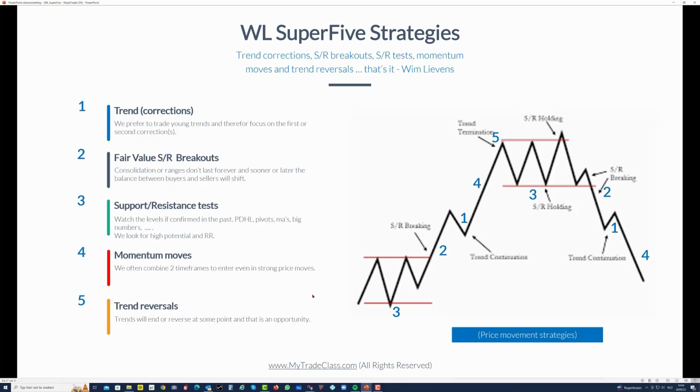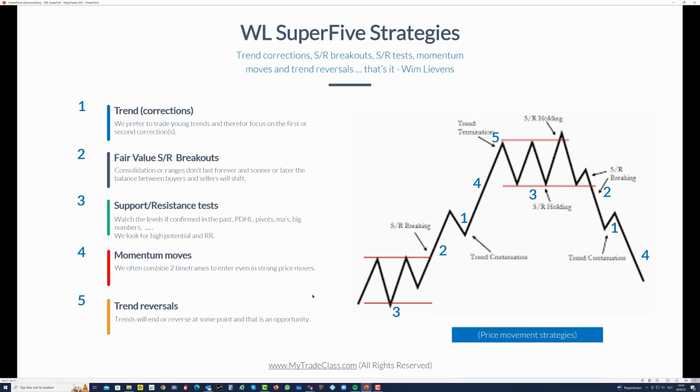Now, 5 strategies. The first strategy is a trend correction, and in this strategy there are 4 possibilities. That means that in the SuperFive tool there are 9 algorithms, of course 9 algorithms to the upside and 9 to the downside, with different parameters.